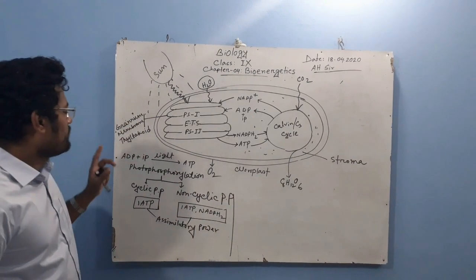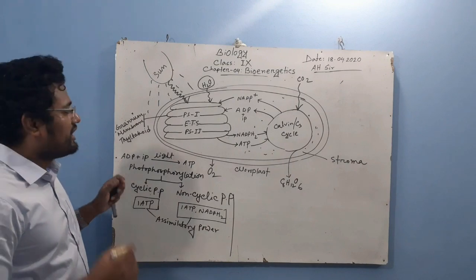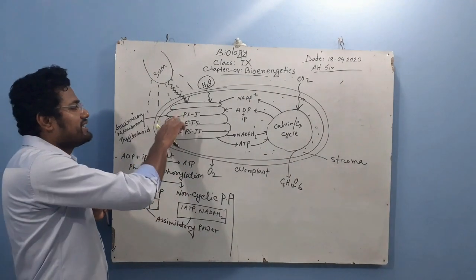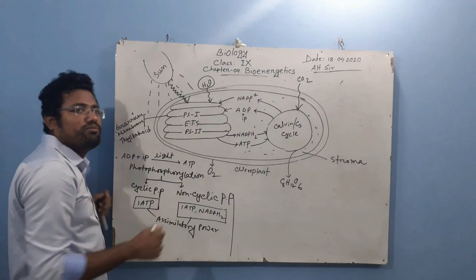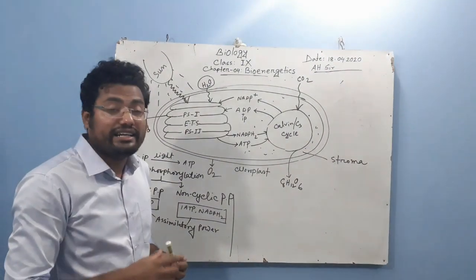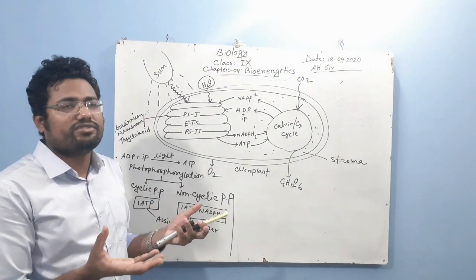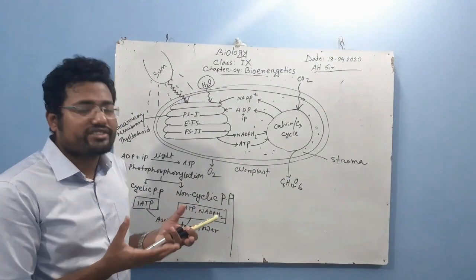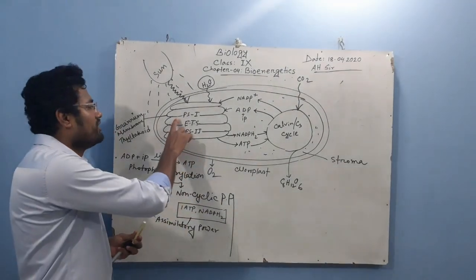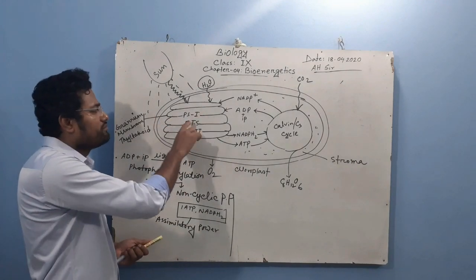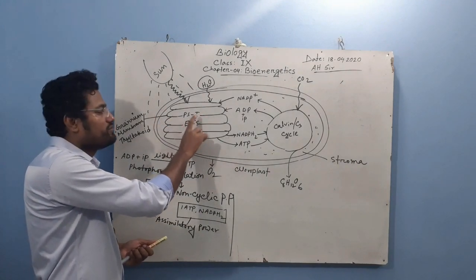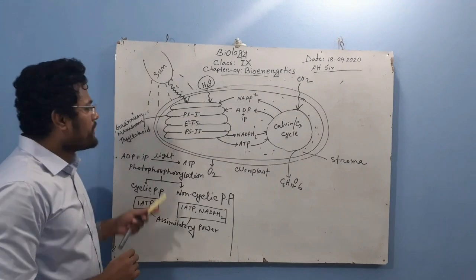So in the light phase, I say again, inside the granum membrane, chlorophyll molecules and other light-absorbing pigments like carotene and xanthophyll together form and work like a group. This group is called a photosystem. In the granum membrane, two photosystems are present, photosystem 1 and photosystem 2.